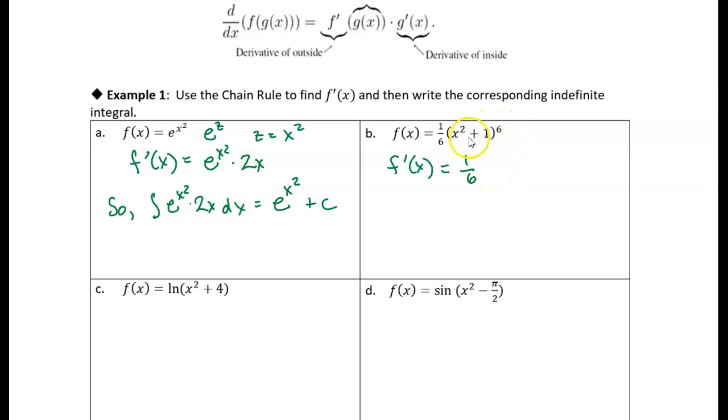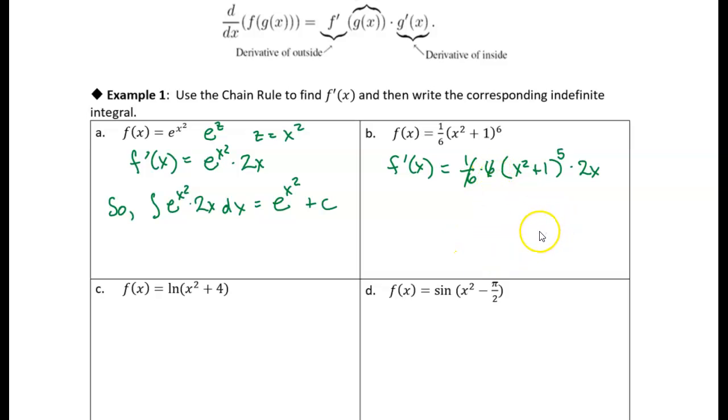So we can take the derivative of the outside function, so we bring down the 6, and then reduce the power. We're going to make that to the 5th power, and we're going to leave the inside function alone. And now we have to take it times the derivative of the inside function, which is 2x. Now I can simplify that a little bit because 1/6 of 6 is just 1.